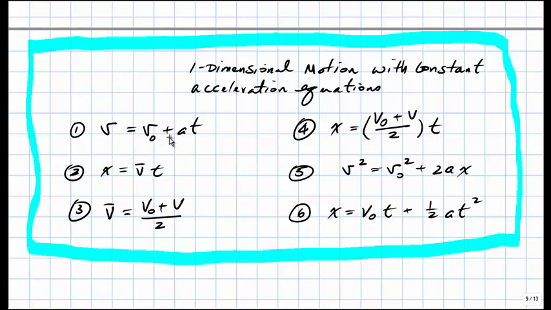If you examine this, you notice that it won't do the job because we don't know the amount of time that we're spending in phase B. The next equation that contains acceleration is this one, and let's see. We do know the final velocity in phase B, it's 0. We do know the initial velocity in phase B, we just found it, and we do know the distance traveled in phase B. This is the equation that we'll be using.